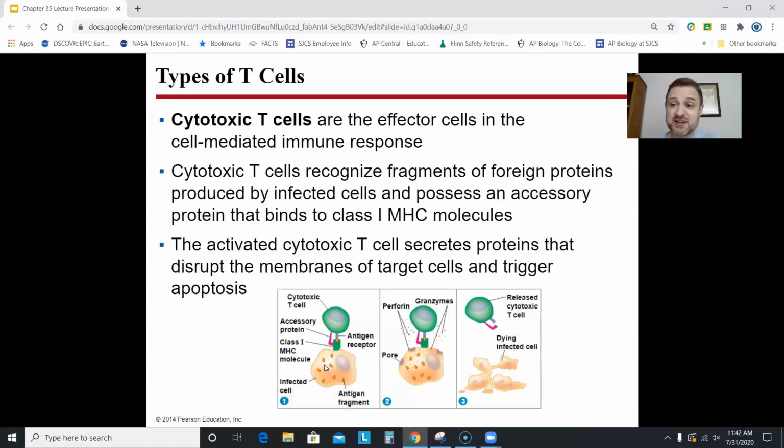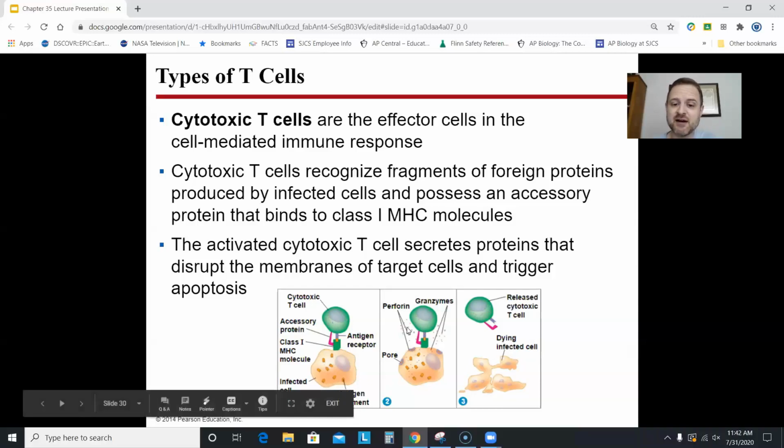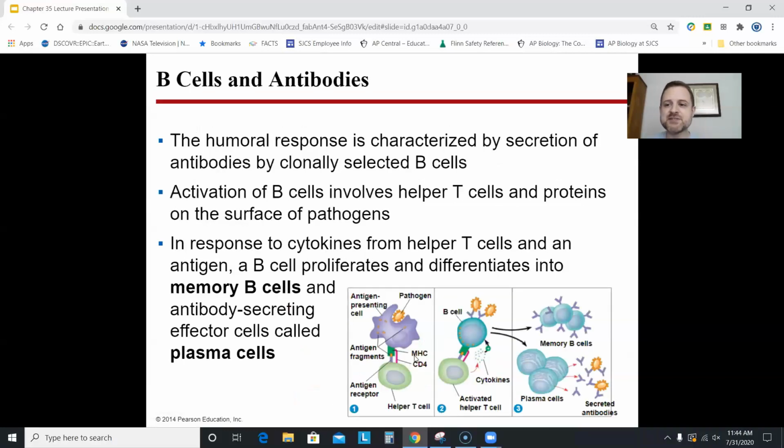And the cytotoxic T cell gives off chemicals that cause the infected cell to die. So basically, this is your body killing its own cells, but cells that were infected with the pathogen. The name gives it away. Things that are cytotoxic, guess what they do? They kill cells.